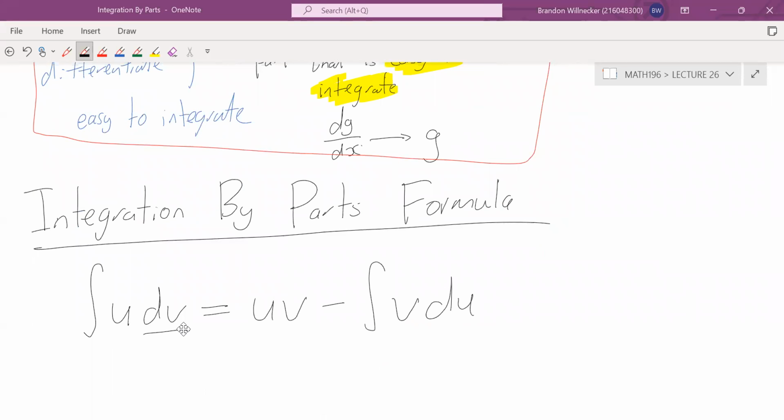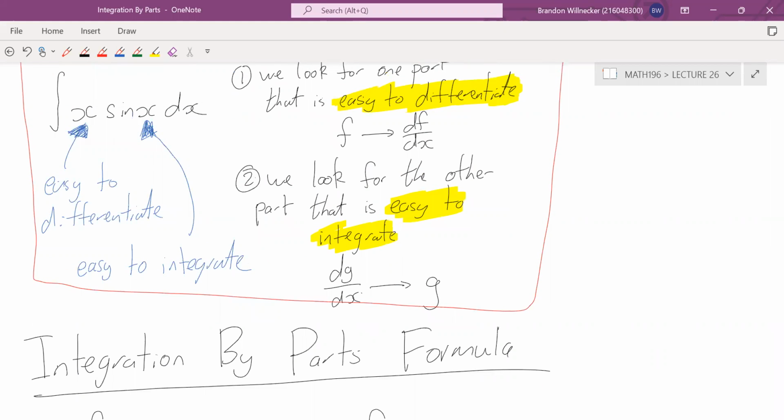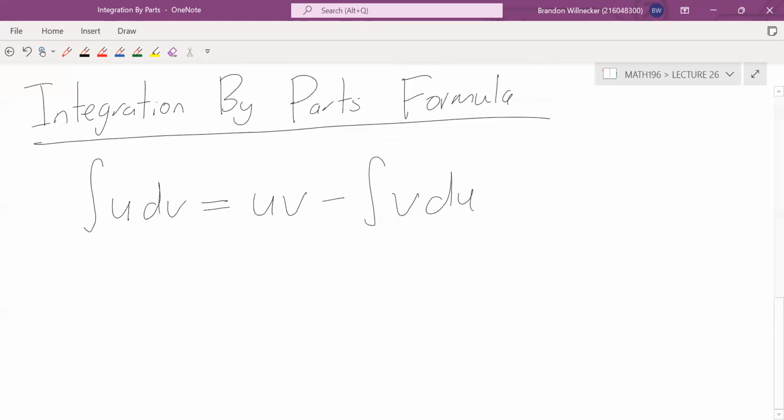So this is the formula that we will be using, in terms of u and v. Let's try and solve this problem of integrating x sine x using this idea of u and dv. We have the integral of x sine x dx. Same as before, we need to choose something that is easy to differentiate, something that's easy to integrate.